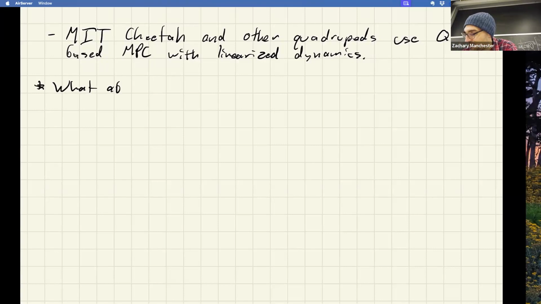What about nonlinear dynamics? Okay, so basically linear stuff often works well. So I would suggest you do the linear stuff first if you can get away with it, because it's super well understood.